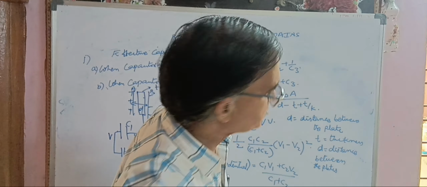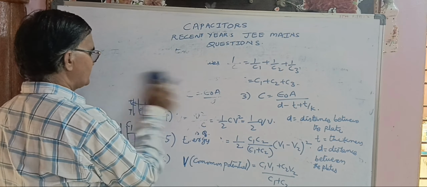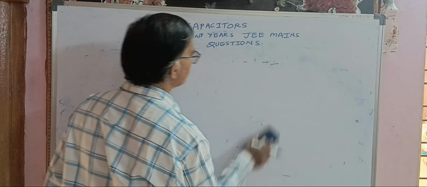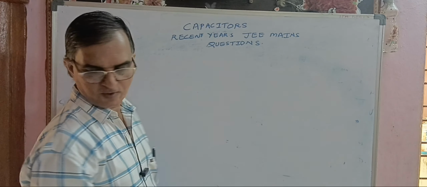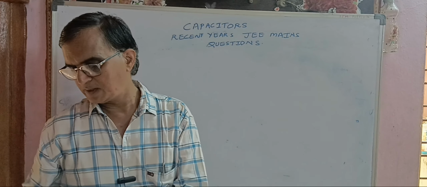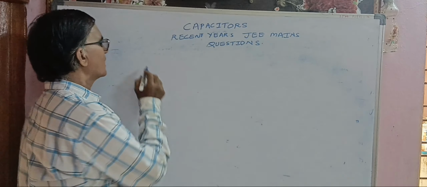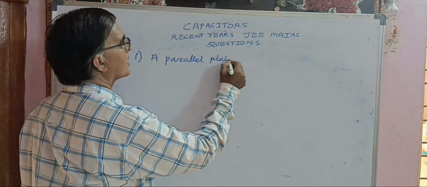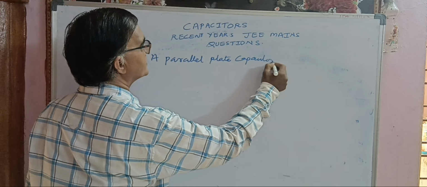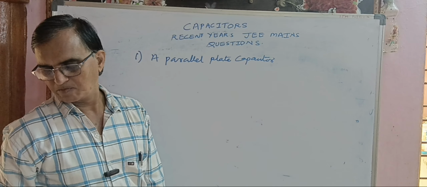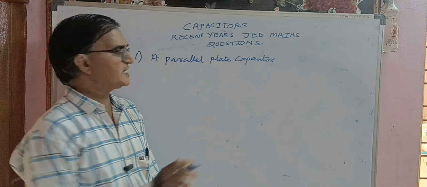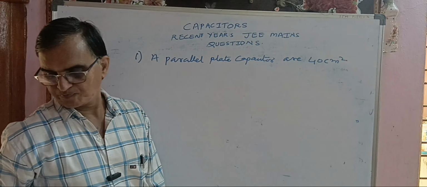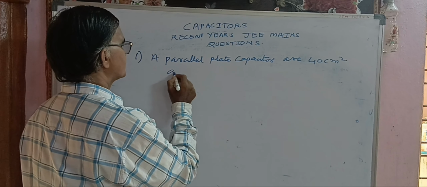Now, the very first problem. First problem is here: a parallel plate capacitor of area 40 centimeters square and plate separation is 2 millimeters.